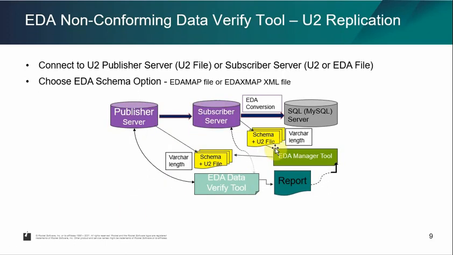If you have a publisher-subscriber environment, sometimes you want to check from the native data on the publisher, which is more efficient for checking your data.